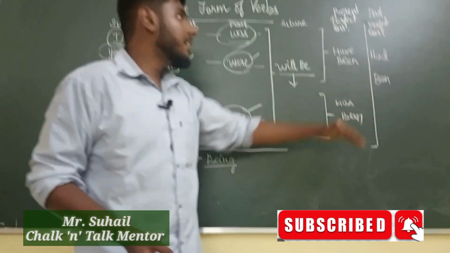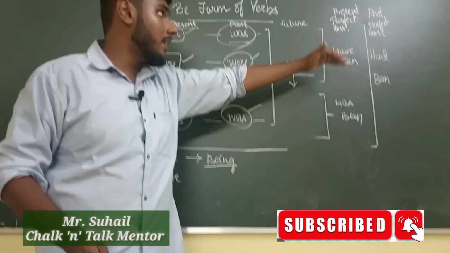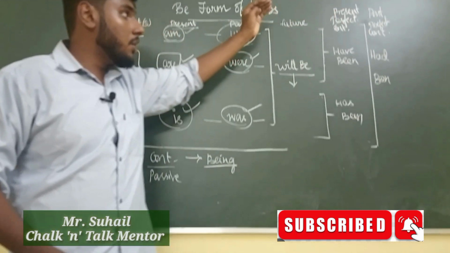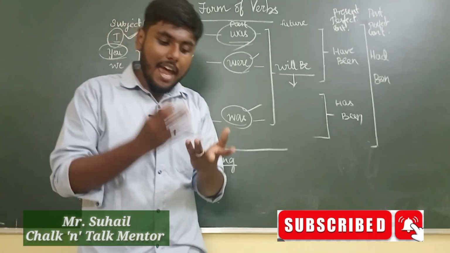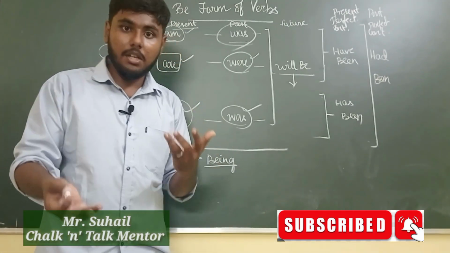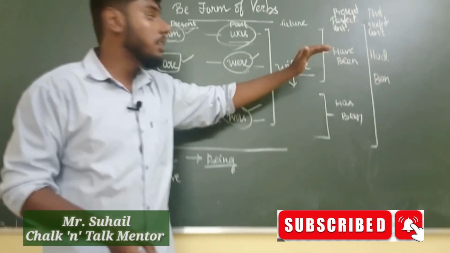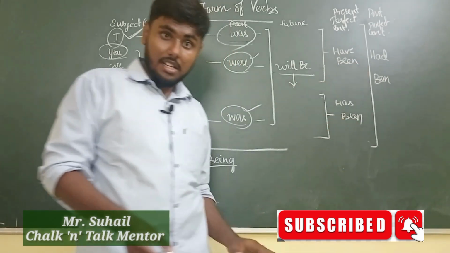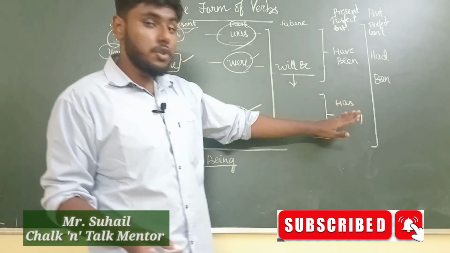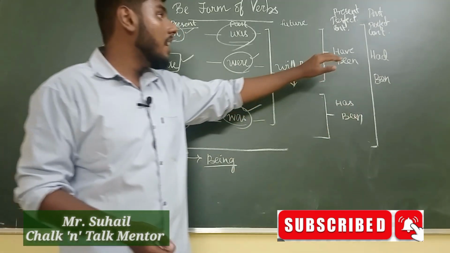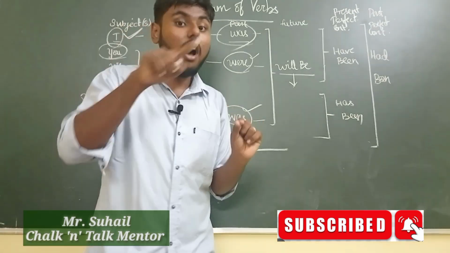Alright, now we'll quickly get into the perfect tenses. So here we have two different columns for us to understand the perfect tenses and where and how to use these verbs. So perfect tenses have three verbs: has been, have been, and had been. Alright? Present perfect continuous tense will be using have been and has been. Alright? So has been, you must be aware by now, is used for singular subjects and have been is used for plural subjects and also the subject I. Okay?